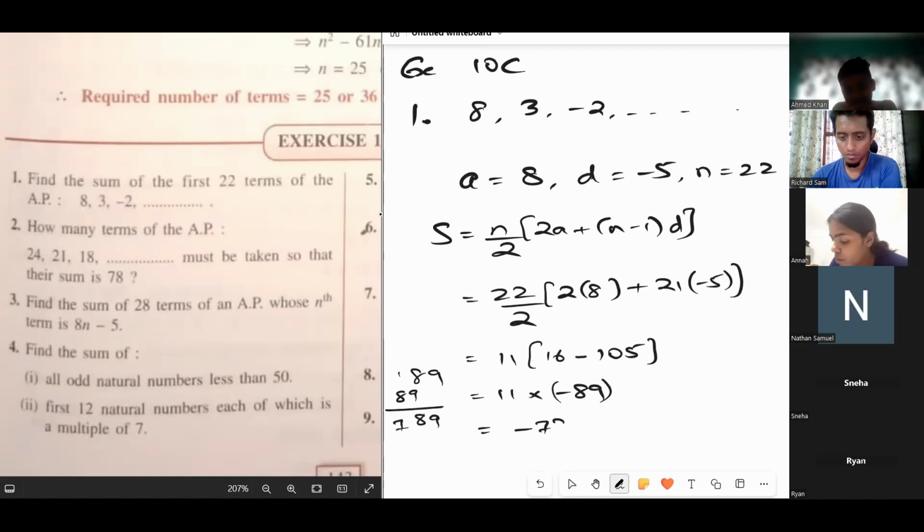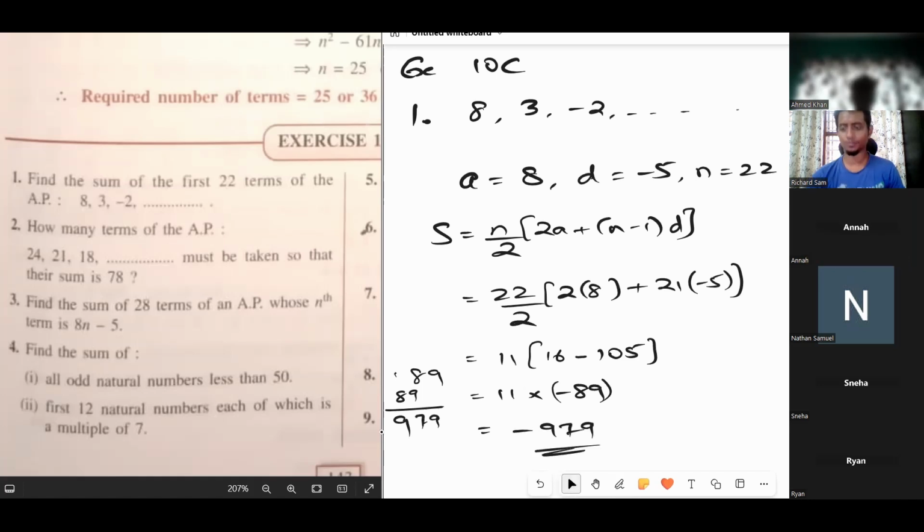I did 2 into minus 5. It's minus 789, correct? Oh, sorry, 979. 9 plus 8 is 17. 979, right? Minus 979 is the answer.